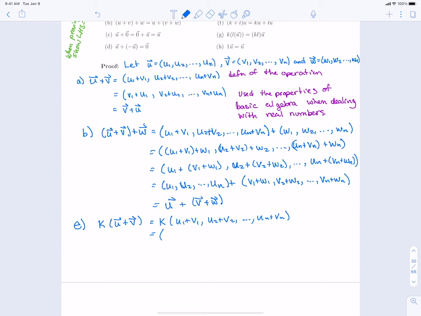And so if I distribute that inside, I get k times u1 plus v1, k times u2 plus v2, k times un plus vn, and then I've got ku1 plus kv1, ku2 plus kv2, and kun plus kvn.